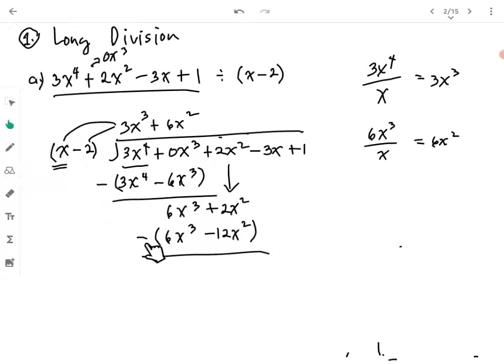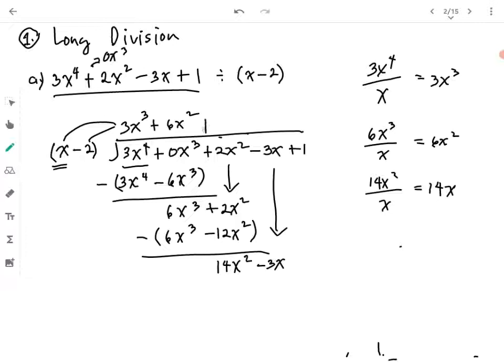Then 2x squared minus negative 12x squared gives us 14x squared. Then we bring down minus 3x. Then divide again the first term by the first term. 14x squared divided by x is simply 14x.